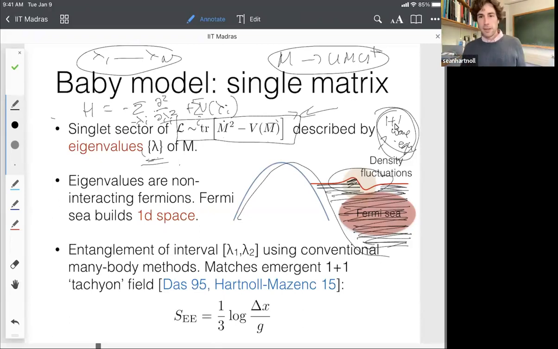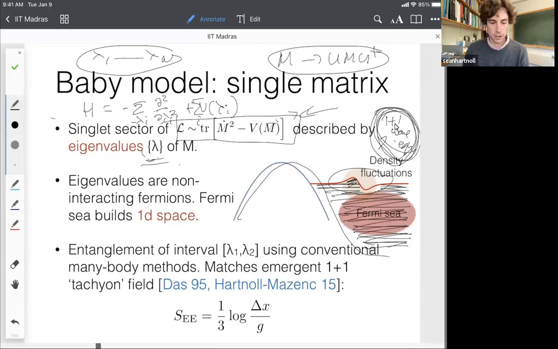So then you can ask, how do you see? This 1+1 dimensional wave equation, which is local, has the locality of this equation embodied in a certain entanglement entropy. So in 1+1 dimensions, a massless wave equation gives you a logarithmic entanglement, right?